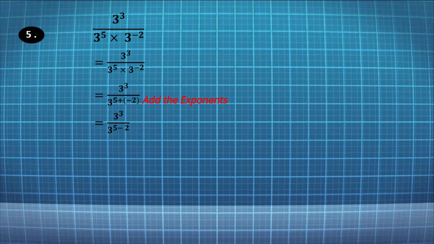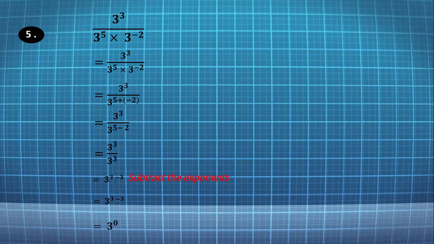Therefore, we will get 3 cubed divided by 3 to the power of 5 minus 2. And this gives us 3 cubed divided by 3 cubed. So we get 3 to the power of 3 minus 3, and this is equal to 3 to the power of 0, which is equal to 1.